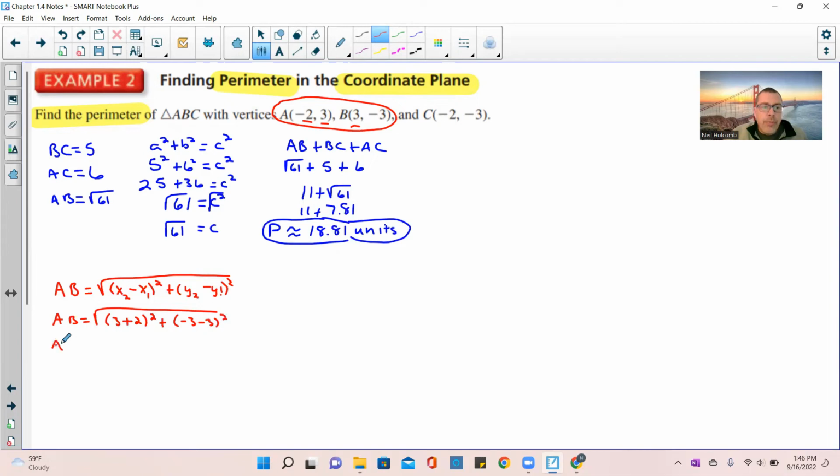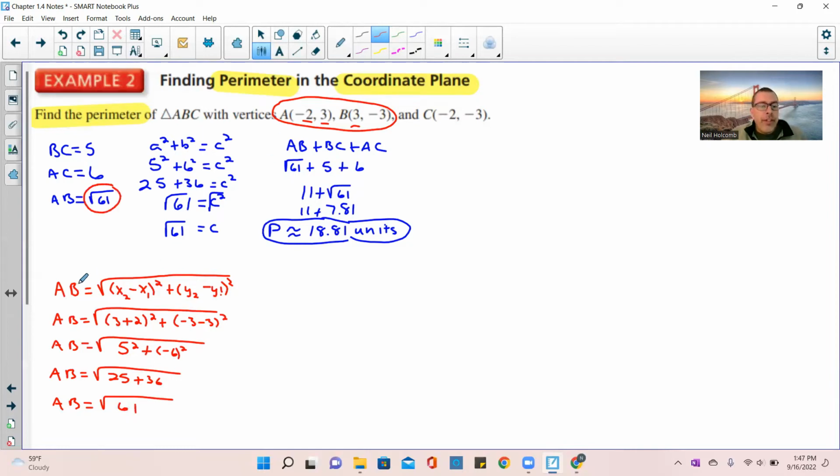So this is going to give me 5 squared plus negative 6 squared. Simplifying that, we get 25 plus 36. And 25 plus 36 is 61. So we got the same answer as here, doing it this way.